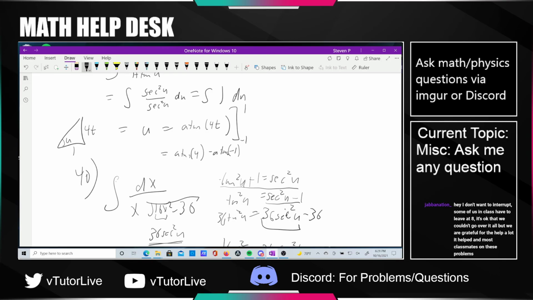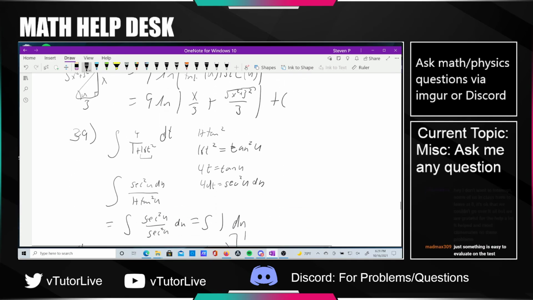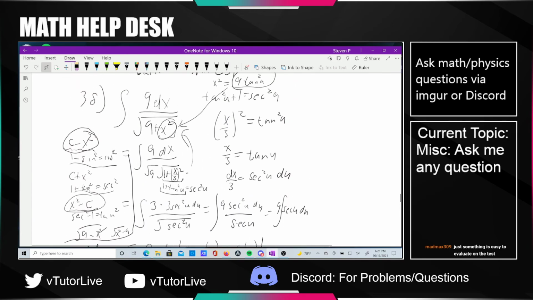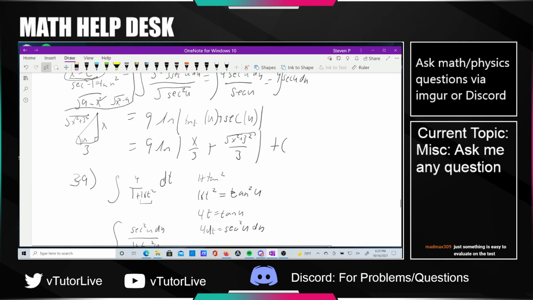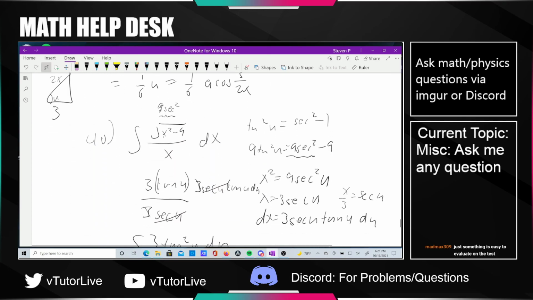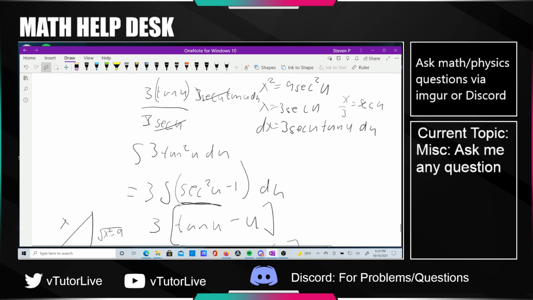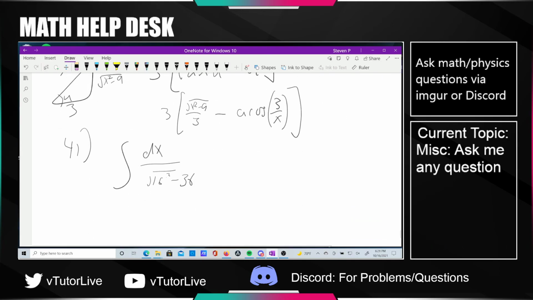This was actually 41. What was before that? 39 is 4 over 1 plus 16t squared. They're all getting mixed up in my head at this point. Yeah, so we already did 41. They all look the same.